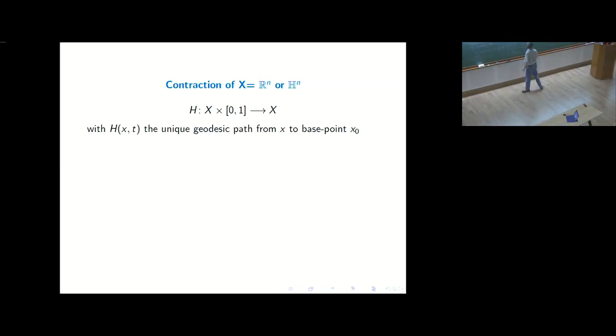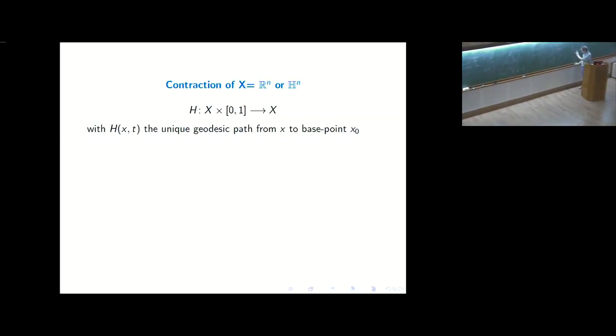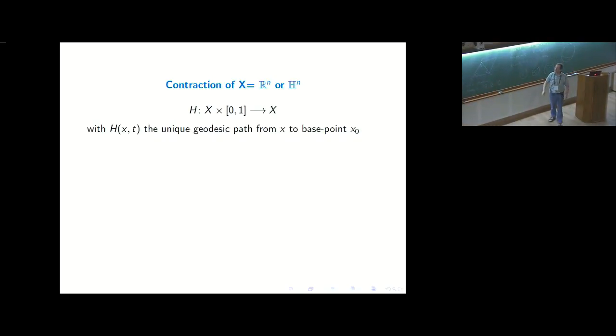I mean a geodesic line. So that wouldn't be the case for a sphere, because if I take a point there and a point there, what's a geodesic on the sphere? It's a great circle, and there are many great circles joining these 2 points. So the sphere isn't unique geodesic, but in the plane or in hyperbolic space, any 2 points are joined by a unique geodesic line.